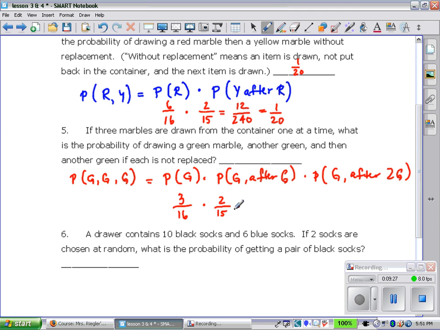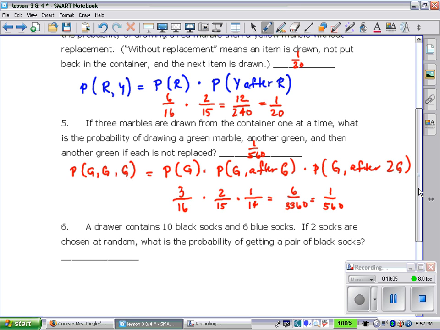And then if we keep that green marble out, how many total marbles are left in the container? There's 14. How many of those are green? Hopefully you said 1. So now when we multiply those, that means 6 on the top, and then the bottom number would be 3,360. Simplified is 1 out of 560. Those are slim chances. You have a 1 out of 560 chance of drawing 3 green marbles if you don't replace.